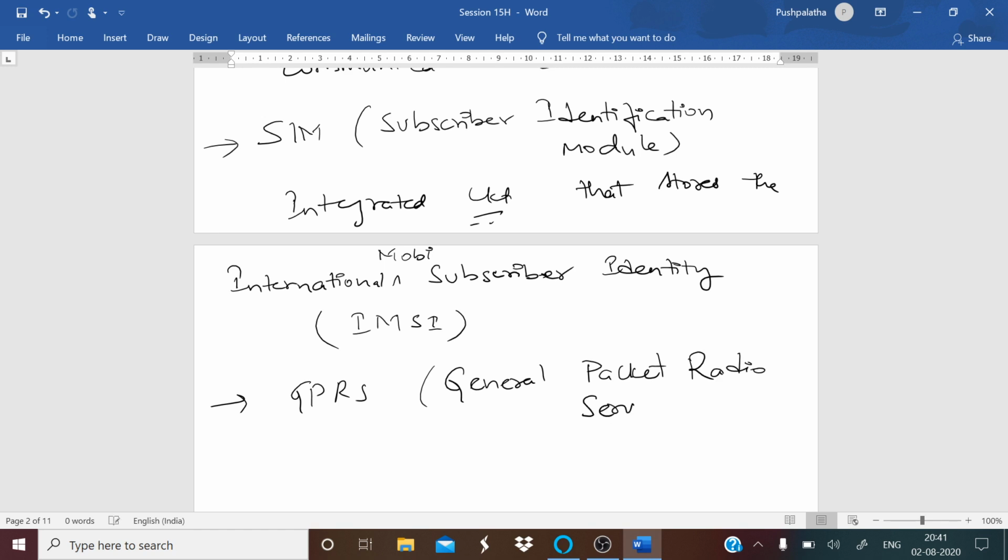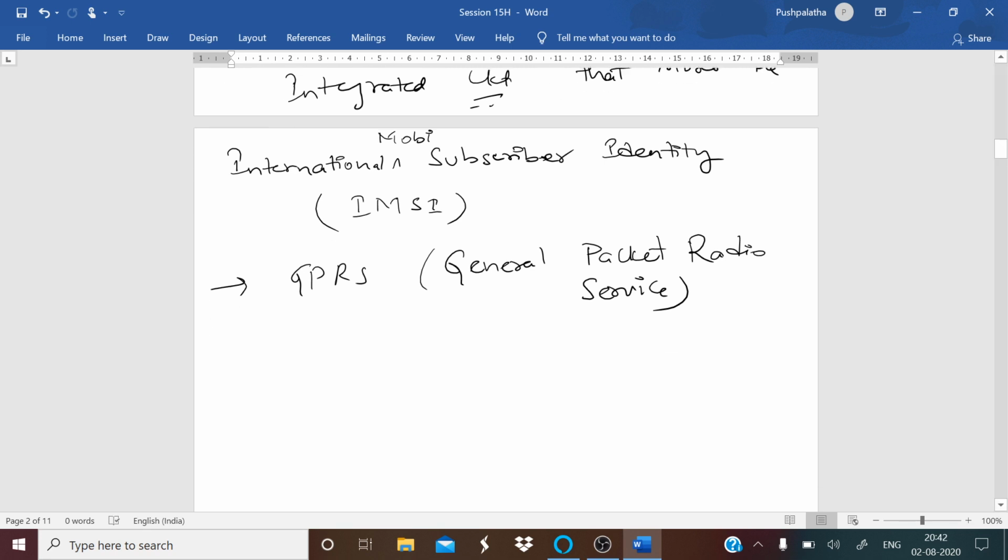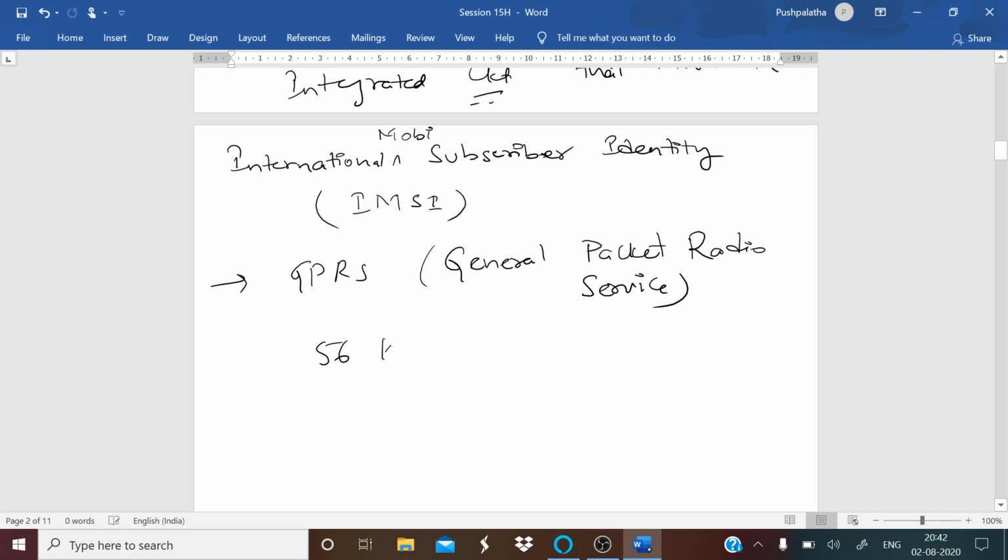It is a packet oriented mobile data service that was provided on the 2G and 3G cellular communication systems. That is, it's a packet based wireless communication service that provides data around 16 kbps up to 114 kbps. That is the speed of the data.